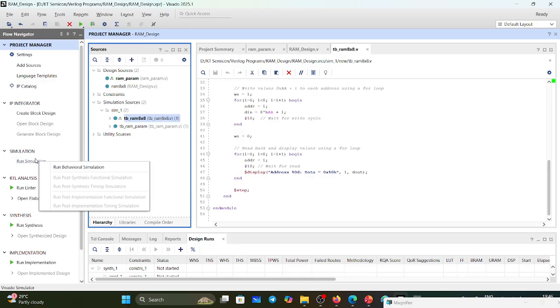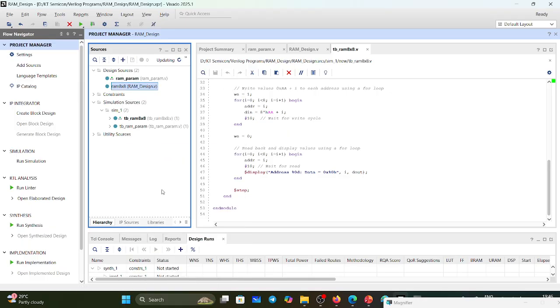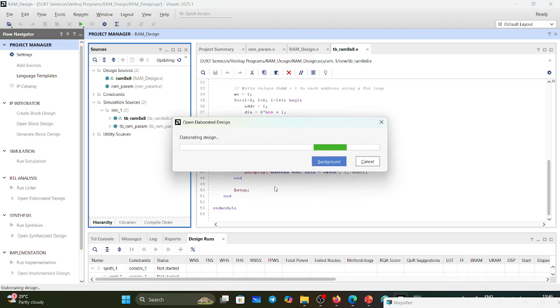Run simulation, run. We'll see the elaborated design, just how the tool converts your design. So open elaborated design.